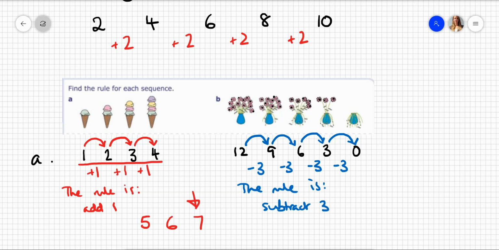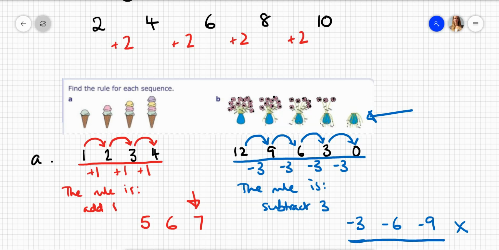The same in the second sequence. The next few terms would be -3, -6, -9. Now in terms of the real life situation, these don't make any sense because you can't have -3 flowers. However, if we just look at the numbers, the sequence could carry on because we could carry on subtracting 3.